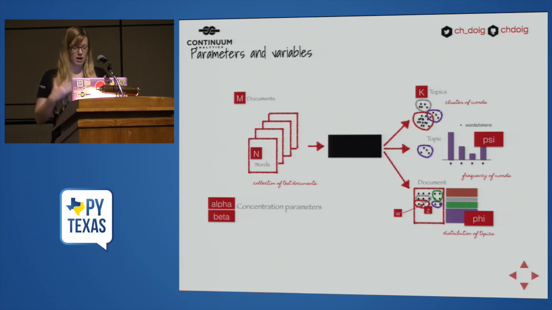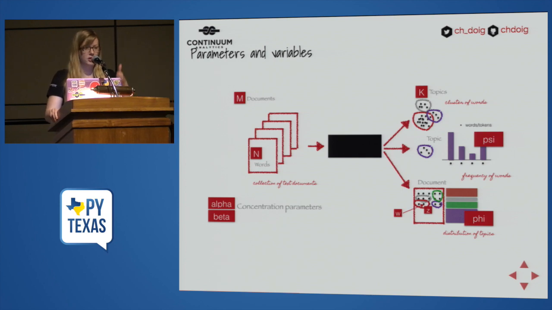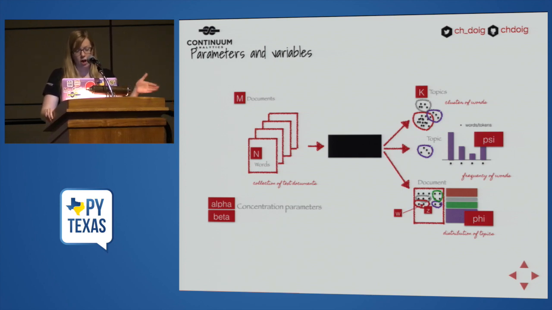So let's say document A is going to have topic 1 at 0.1%, 0.2% of topic 2, etc. And then we have what are called concentration parameters, alpha and beta. If you have some domain knowledge, you know how both your document-topic distributions and topic-word distributions are arranged.